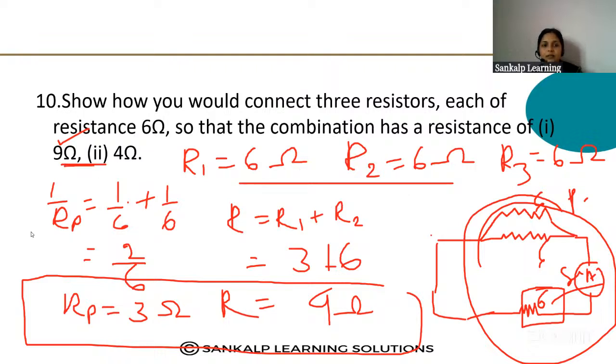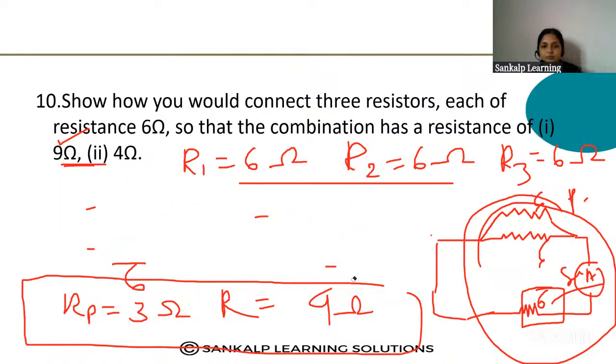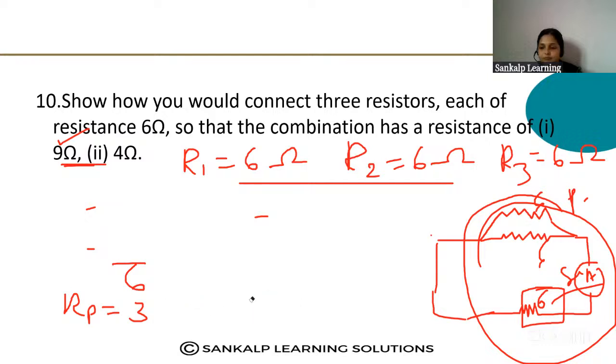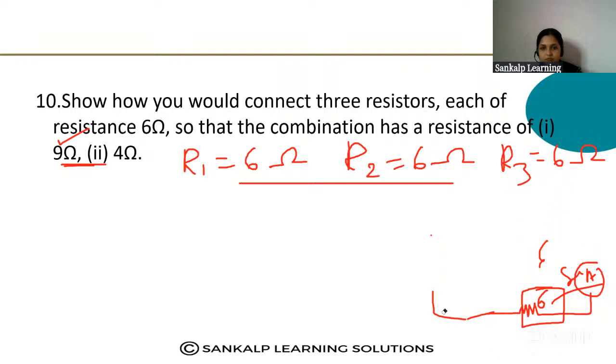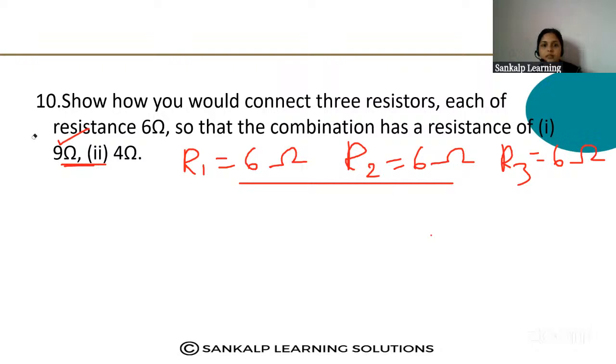Okay. Let us solve the next condition, that is 4 ohm resistance. Here for 4 ohm resistance, first I will connect two in series and one in parallel.